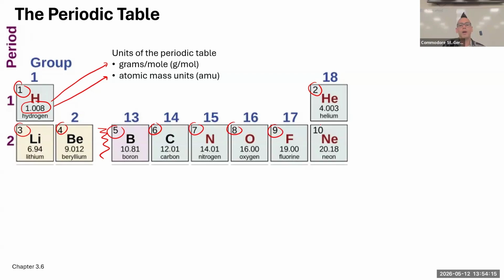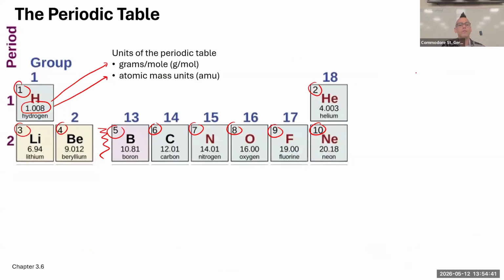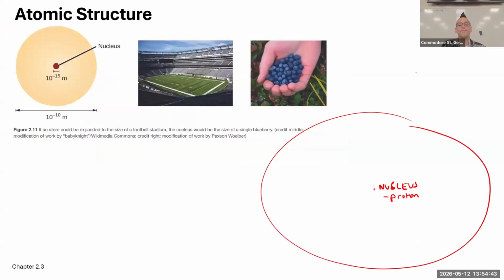So if we go back up here, the reason silver is silver is because it has 47 protons. Gold has 79 protons. Copper has 29 protons. And oxygen has 8 protons. Every single element has its own specific number of protons.